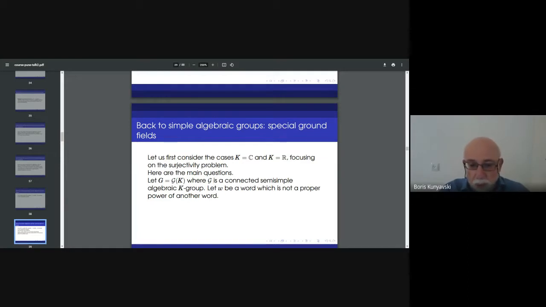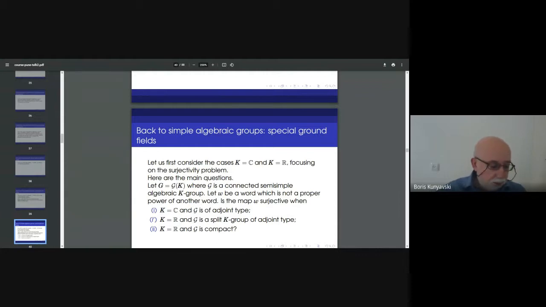Now W will denote a word, and unless stated otherwise, I assume that it is not a power word, so W is not a proper power of another word. If it is, we mentioned the theorem by Chatterjee and Steinberg, which provides some pathologies, some counterexamples to surjectivity. So we assume that W is not a power word.